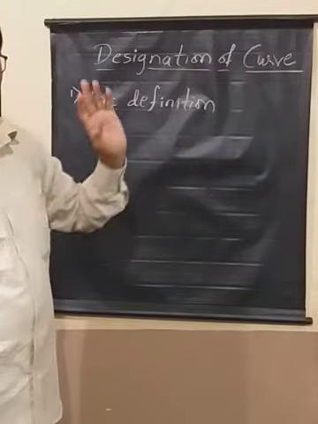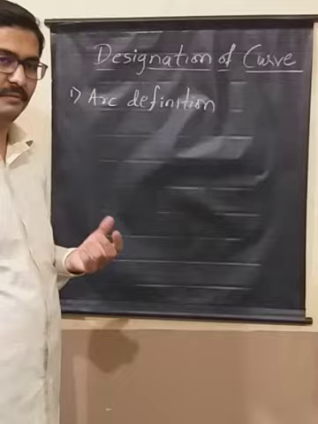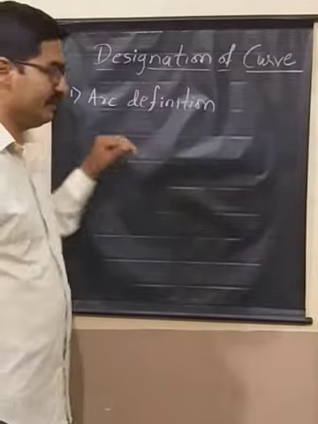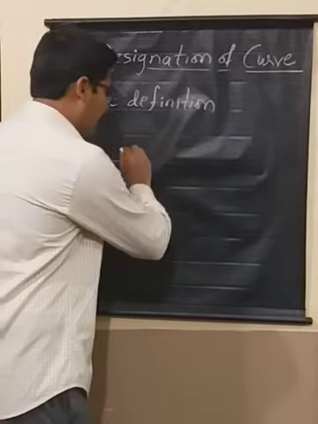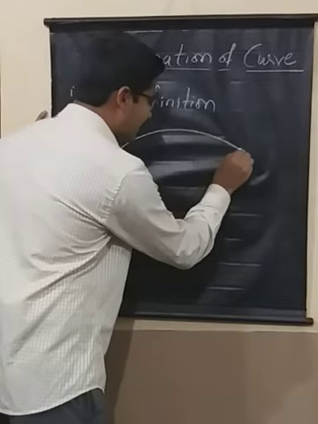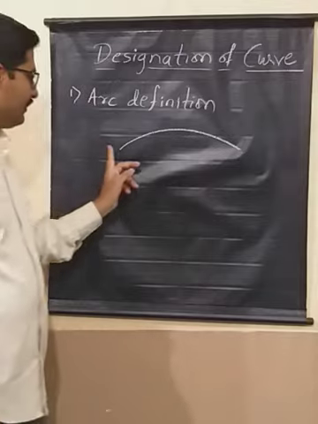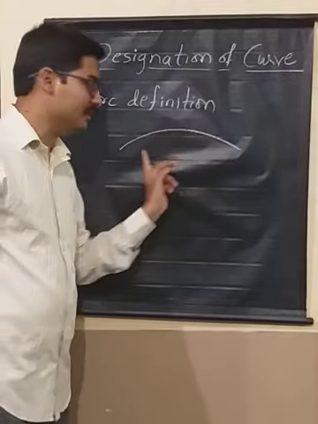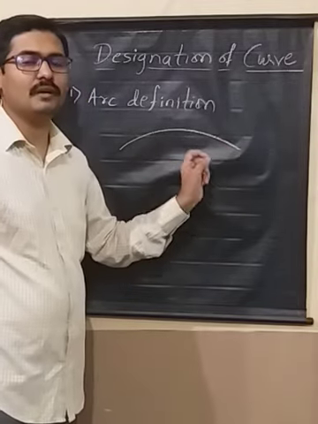So arc definition: if I have a curve of certain radius, right, that curve has to have the length of the curve equal to 100 feet.